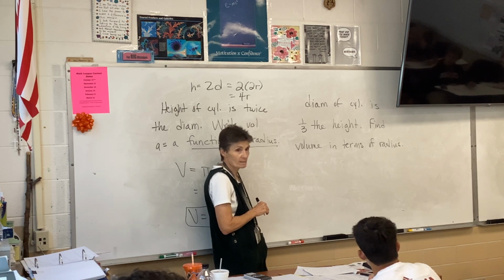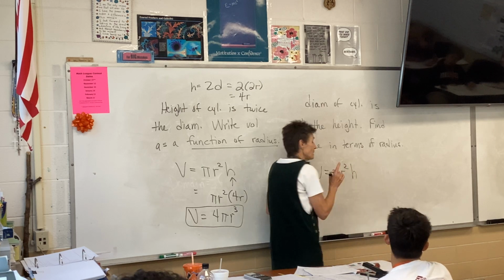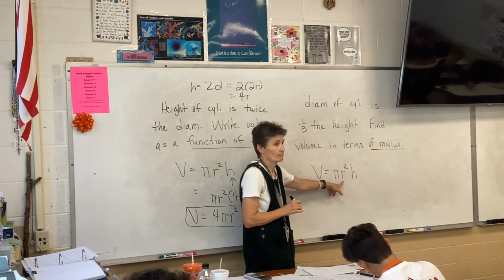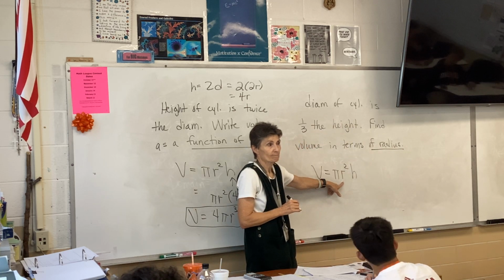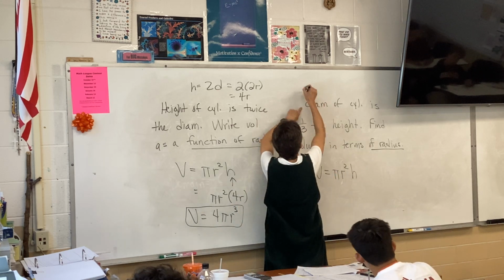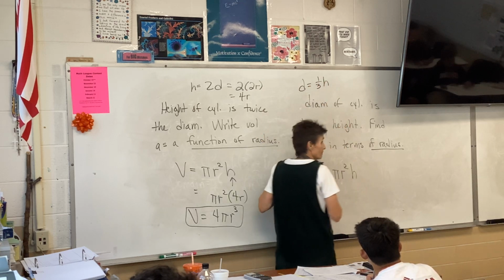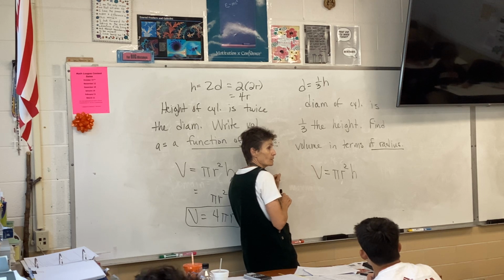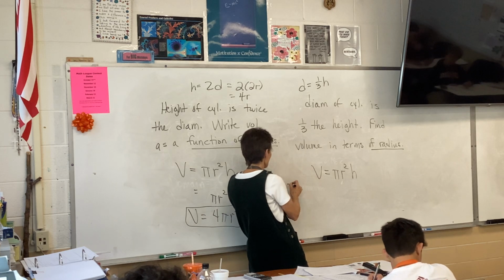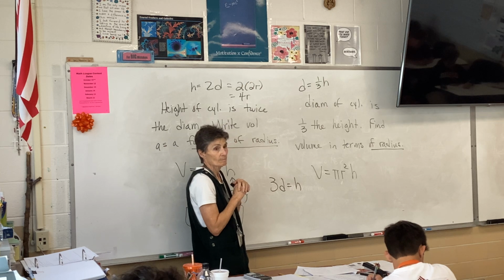Okay, so what's the volume? Pi r squared, which would be fine, except I only want r's. So when I come back up here, diameter is 1/3 the height, which means 3 diameters is the height if I times by 3.